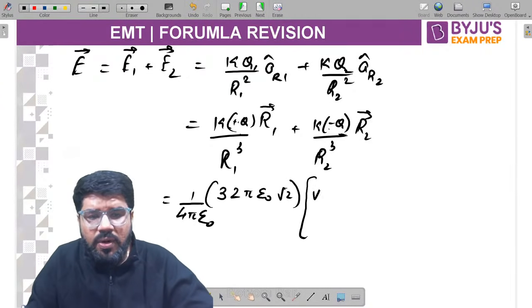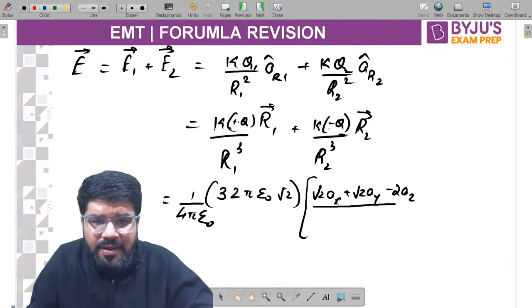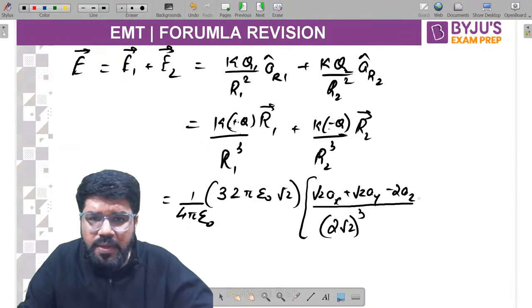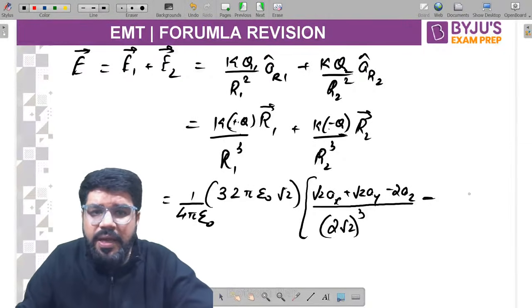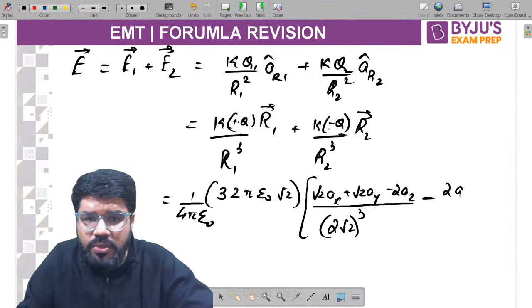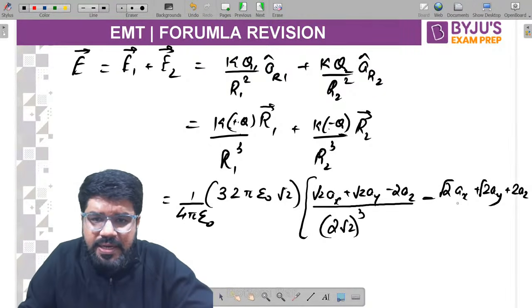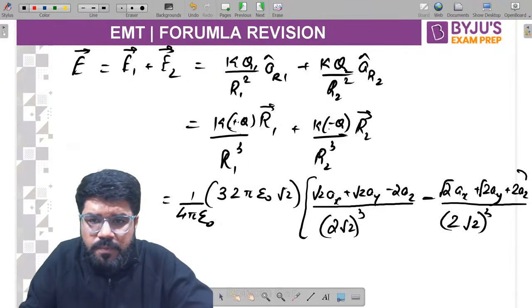Vector R. Now what is the vector R? Root 2 ax, root 2 ay, minus 2 az divided by 2 root 2 whole cube, minus, kQ is outside, minus you get the vector R2 which was root 2 ax, root 2 ay, 2 az divided by again 2 root 2 whole cube.